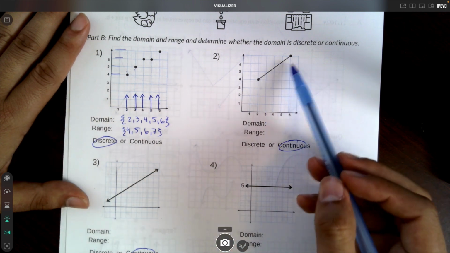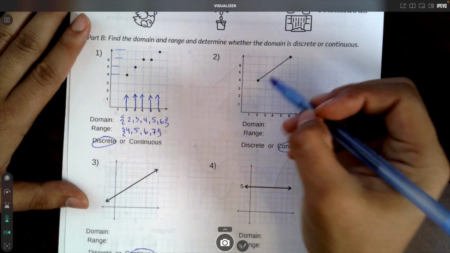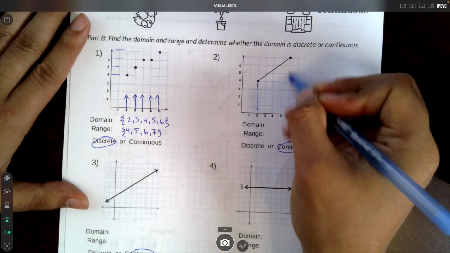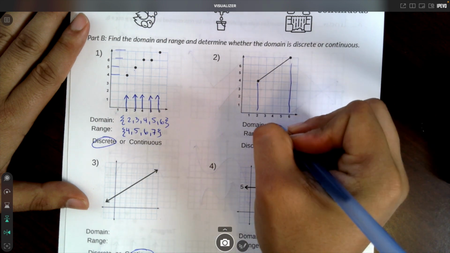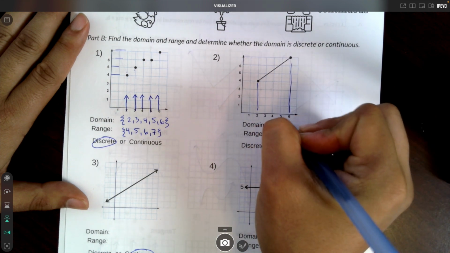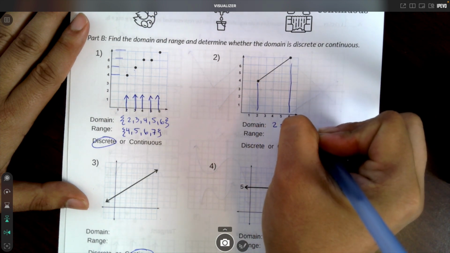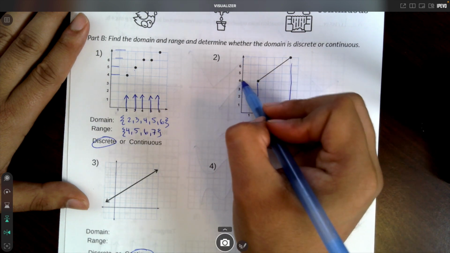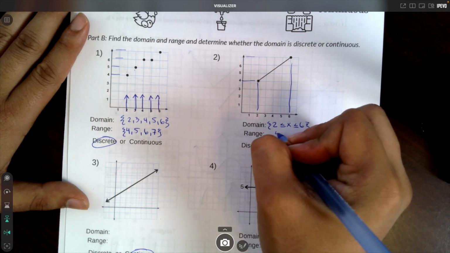See if you can figure this one out. Domain is between 2 and 6, and the range is between 4 and 7.